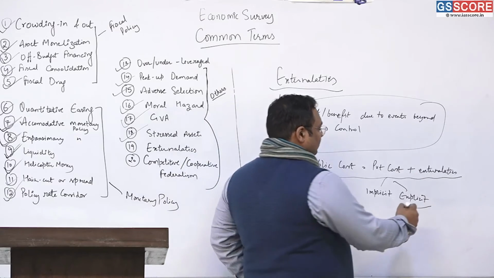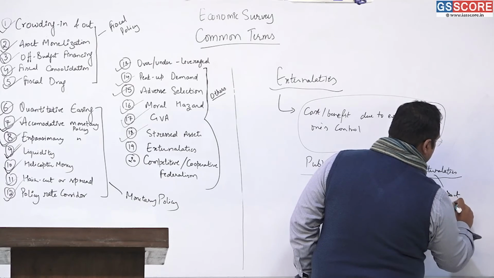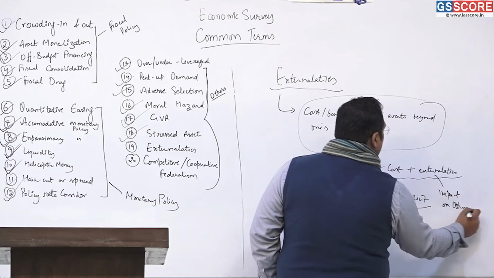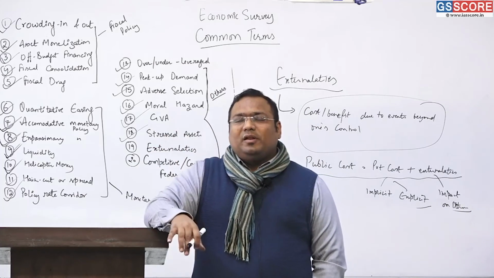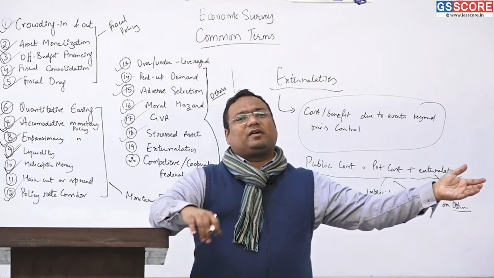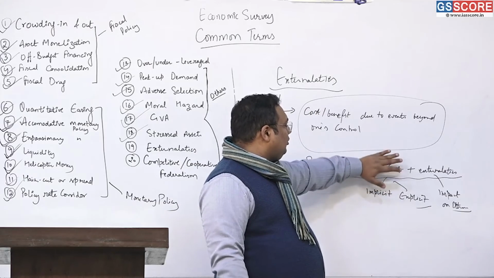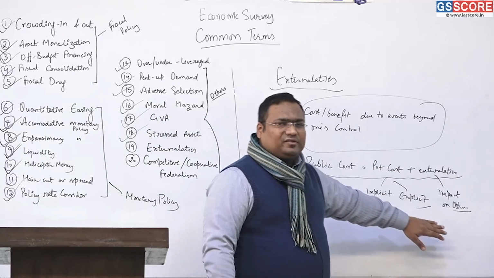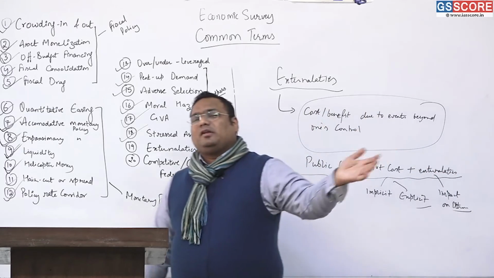And the impact on others is the externality. My external impact, or my impact on others. For others, it is an external factor which affected them. So, on myself, on my private self, there is implicit and explicit cost. And then there is externality which I am creating for others.